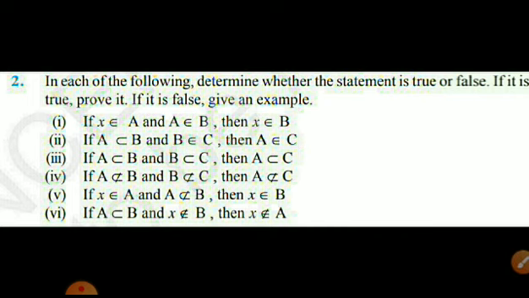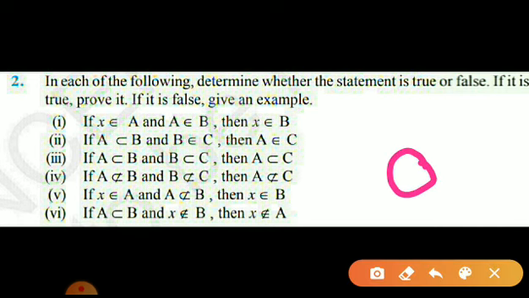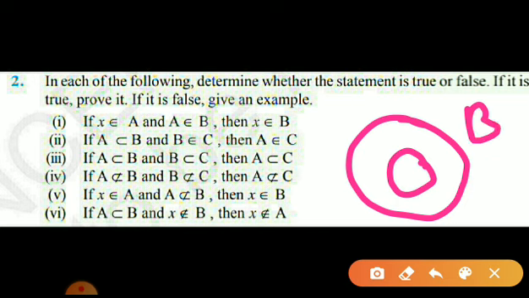Next, the sixth one: if A is a subset of B and X does not belong to B, then X does not belong to A. A is a subset of B, that means A is contained in B. Now, X does not belong to B, X is not a member of B. That means I don't have that element X in B. Then will it be there in the smaller set?